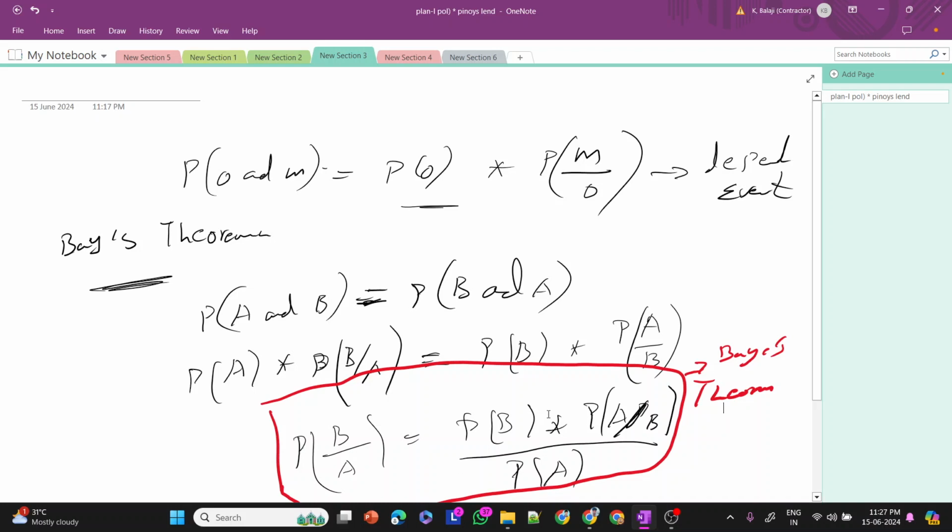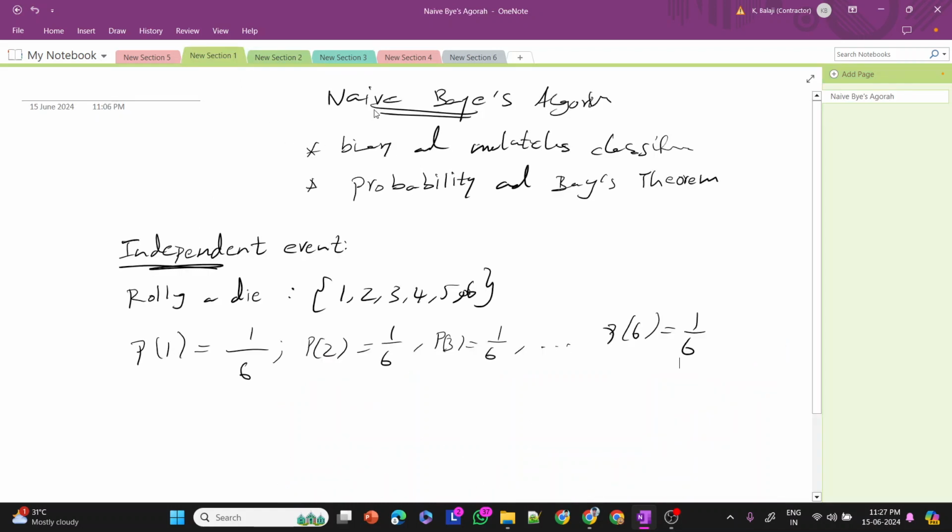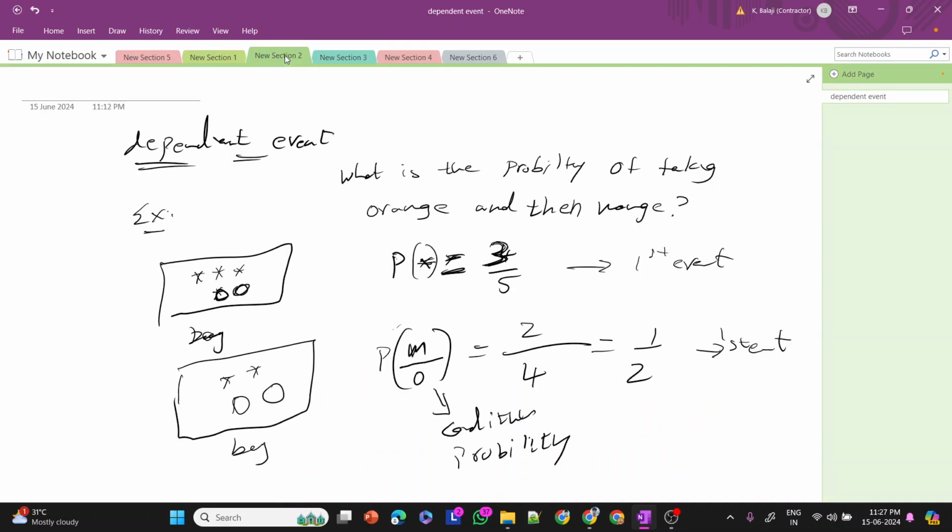We will see the real time calculation in another video. How the Bayes algorithm works, we can see with a real time example in another video. Thank you.